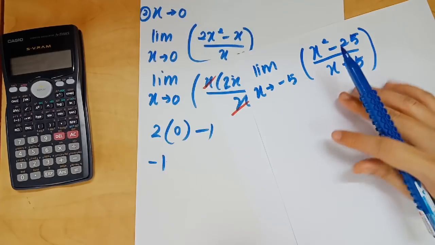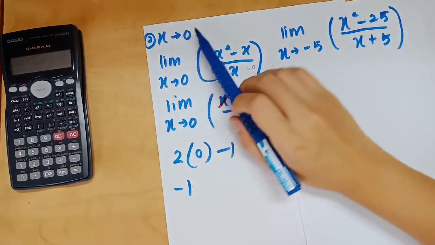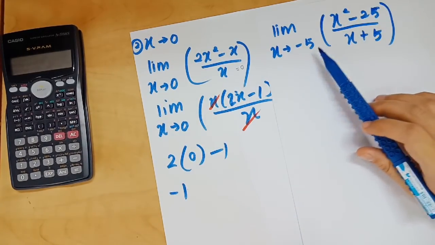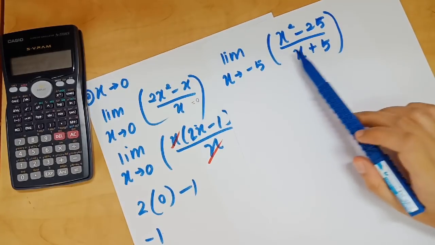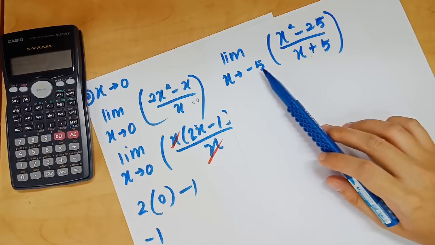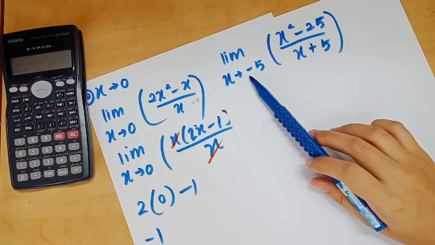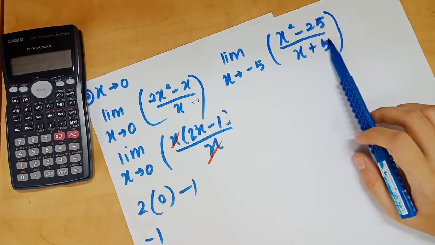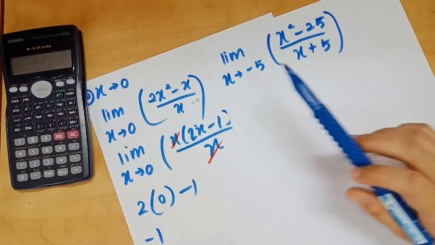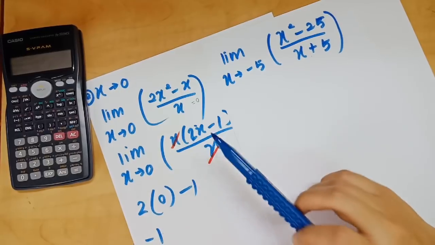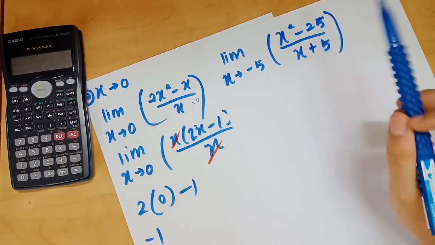In this case, it does not approach 0. The x approaches a number, and yet you have to factorize. The reason is because if you sub directly, let's say x, you use it as -5, then -5 plus 5 will be 0. And you cannot divide anything by 0 because you'll get maths error, as I showed just now. So this is why you have to factorize.